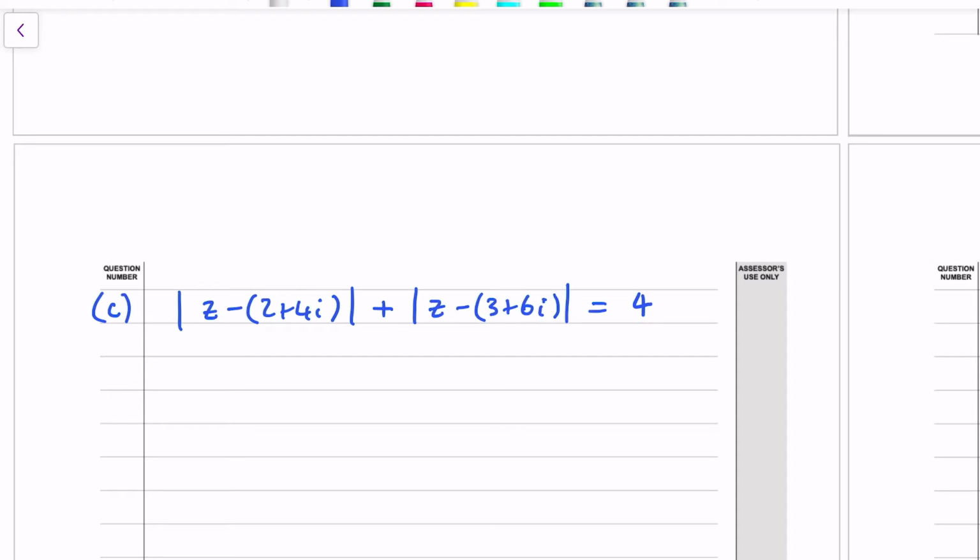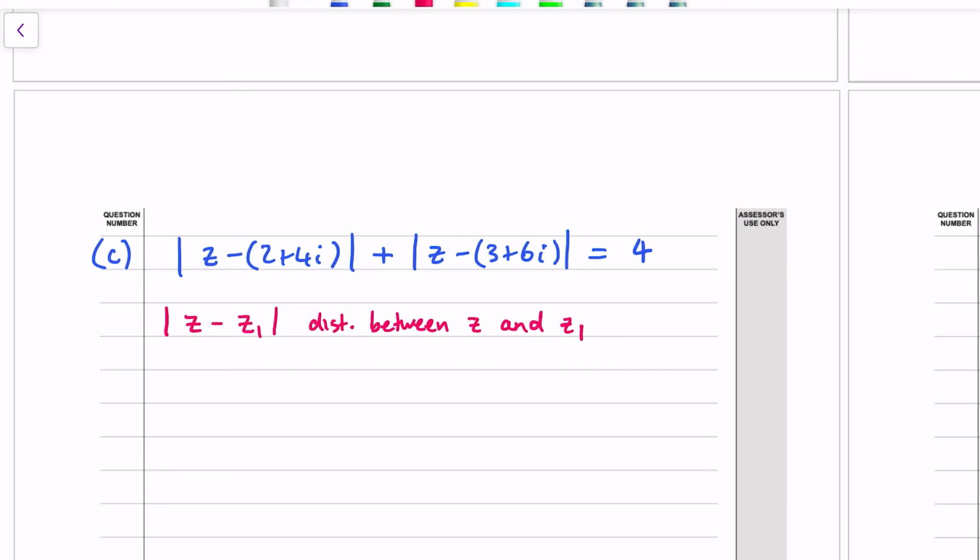If you weren't aware of this already, the way that we read something like this, z minus z1, is the distance between z and z1. So provided that there's a minus in the middle of it, when we've got the modulus of a difference between two complex numbers, it is actually the distance between z and z1.